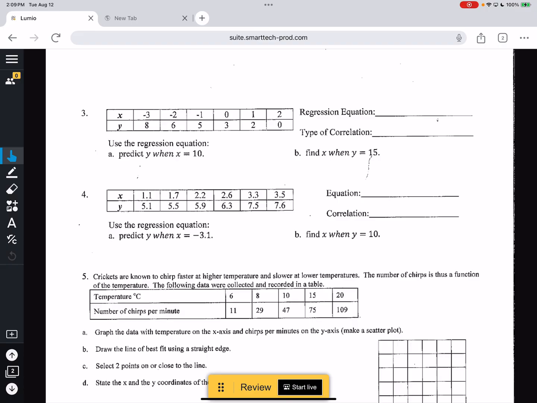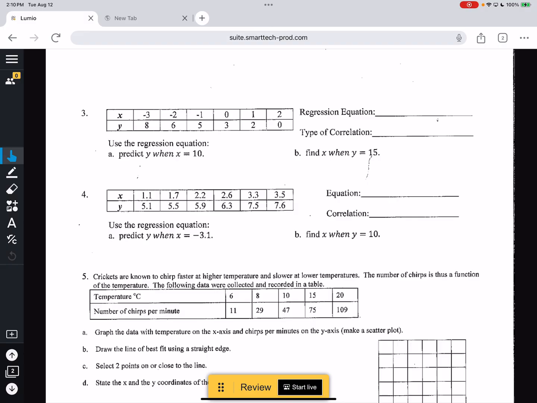There's your M, which is your slope, your B, which is 3.2. What does M represent? What is B?